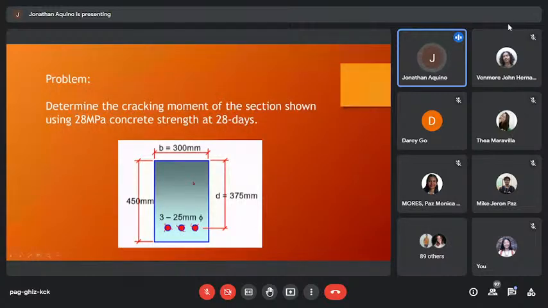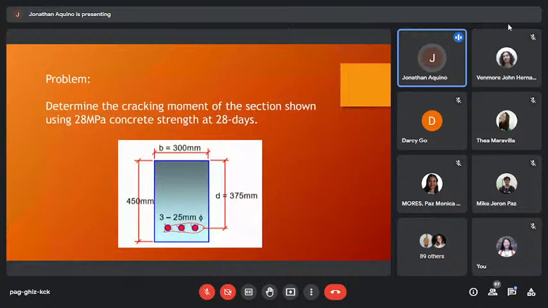So in this case, the beam section is 300 by 450 millimeter. Okay, so we have 3-25 millimeter diameter reinforcing bars. But if we are going to determine the cracking moment, wala pang contribution yung steel reinforcement natin sa bottom.